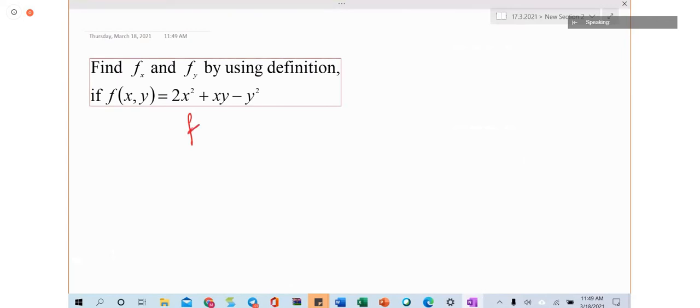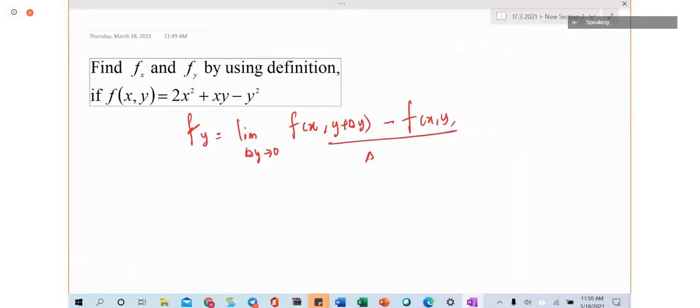fy is the limit as delta y approaches 0, x remains, y... okay, so f is the same. Substitute directly: f(x, y plus delta y) is 2x squared plus x(y plus delta y) minus (y plus delta y) squared. Yes, I forgot this. Just copy.